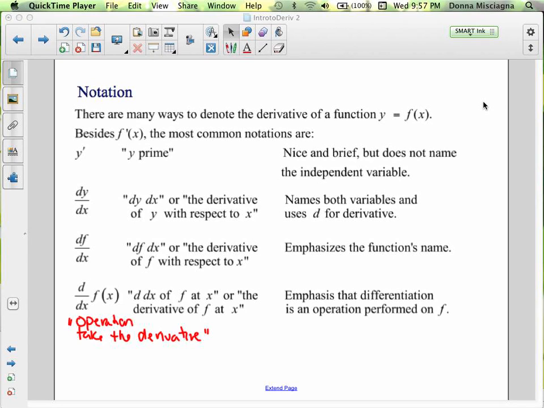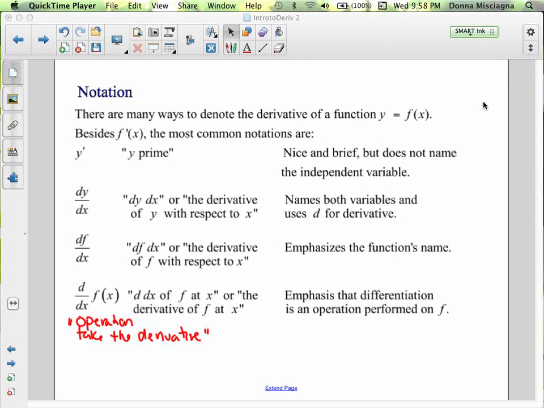df dx is the derivative of f, so it's naming the function rather than y, rather than the other variable, with respect to x. And then if we have d dx f of x, the d dx is an operation. It says take the derivative. So if you don't see another variable there, you see d dx, that's not the derivative of the derivative with respect to x.